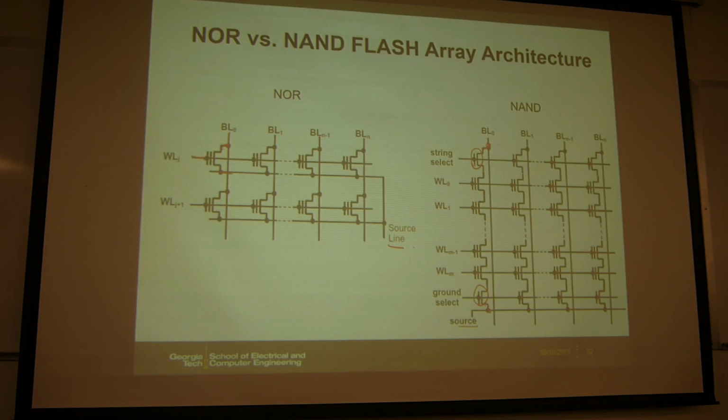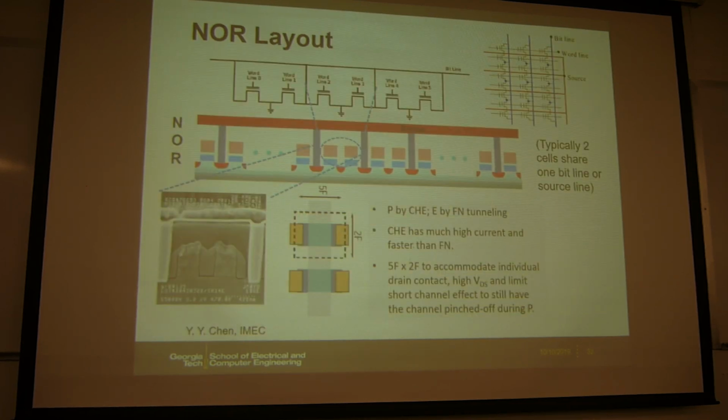So then let's look at NOR first. And we need to understand the layout and the operation for the NOR. The typical array architecture is something like this. You can have two cells share one bit line or source line. If you look at one bit line, then you can draw it something like this.